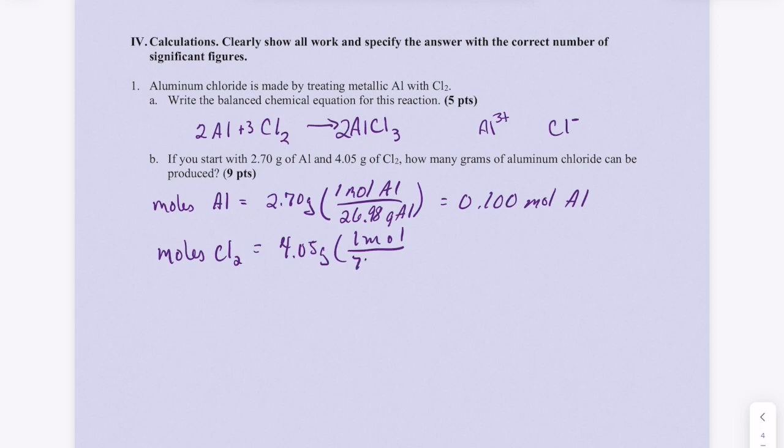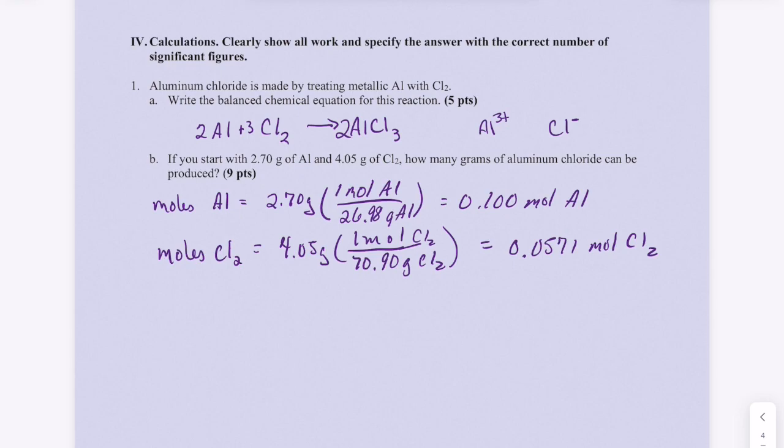Now remember, there are 2 chlorine atoms, so that's why it's 70.90. So that's going to give us 0.0571 moles of diatomic chlorine. All right, so which one's a limiting reactant?